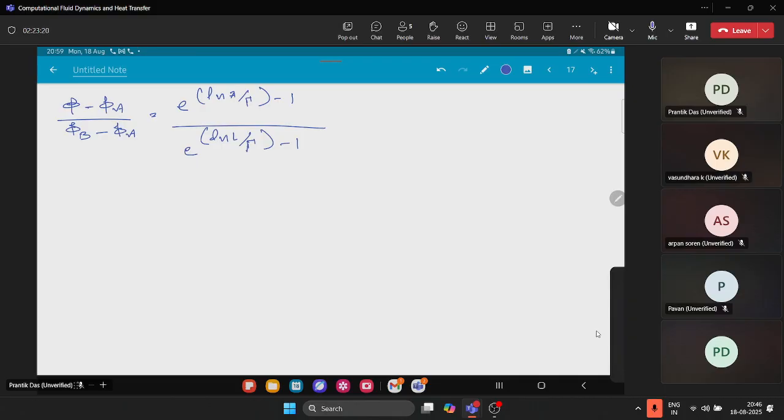After that, I think 2 or 3 classes we will be discussing different kinds of schemes, and then maybe I will give a class on coding itself. Next class we can also do the coding of this 1D problem and the discretization scheme. I think that will be better.